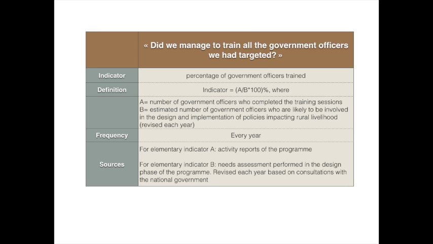The first one would be the activity reports of the program, where we would find the number of government officers who completed the training sessions. And for the second indicator, we would have a needs assessment, which has been performed in the design phase of the program, and which is slightly revised each year based on consultations with the national government.